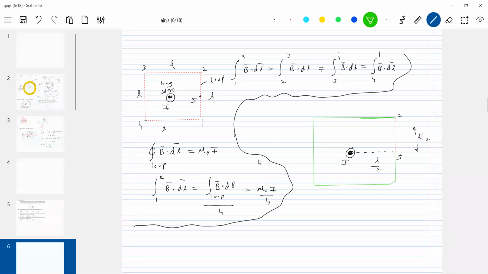I'll indicate all the points, at least. Please, all of you, understand this. This concept is very important. So this is L by 2, this is L by 2, this is L.